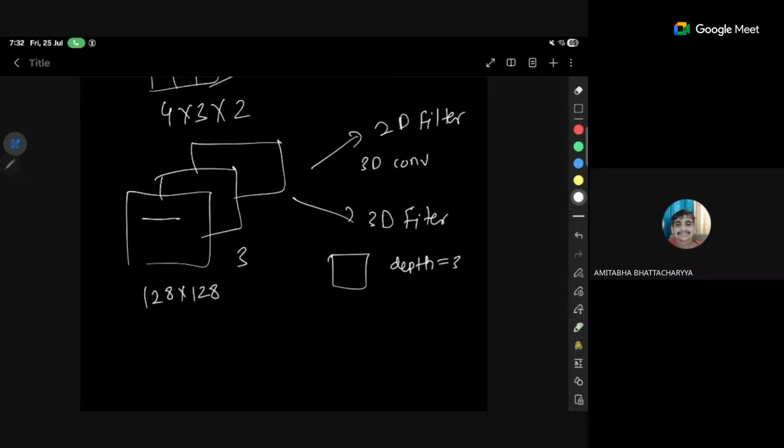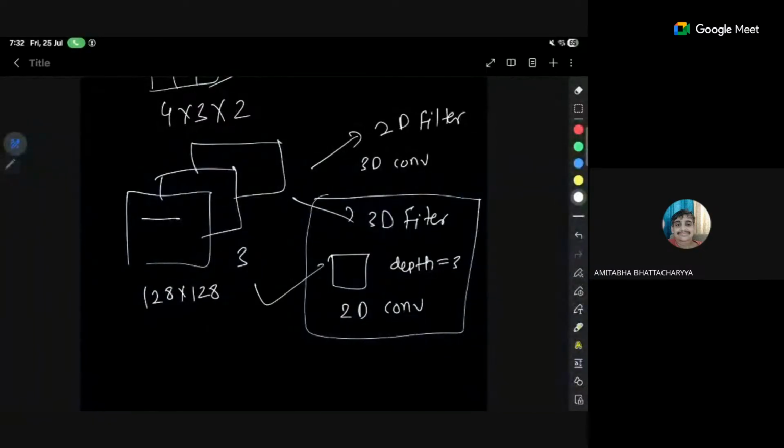Why 3? Because that many channels are there, or that much image depth is there. So I can use that and I can do 2D convolution. These 2 options are there, and we are going to use this one. This is what we use in the course, and this is the convolution operation being used by all of us.